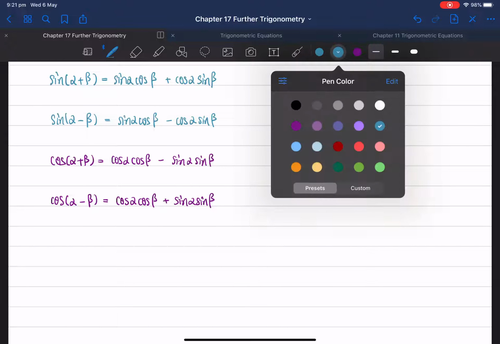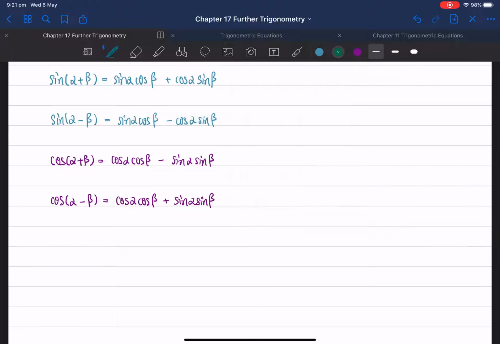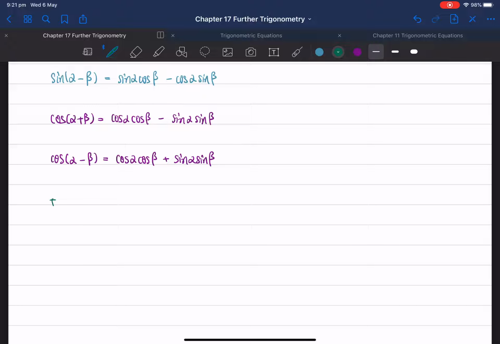Now the last one's the tangent. Tangent is a bit tricky because it's a fraction, so you do need to know especially the sign. For the tangent, the first one is on the numerator. If it's a plus, then you just expand like you normally would using algebra, so that becomes tan alpha plus tan beta. And then in the denominator, if you had a plus before, then it would be a minus.